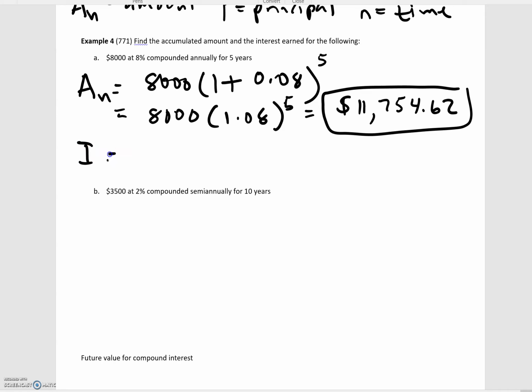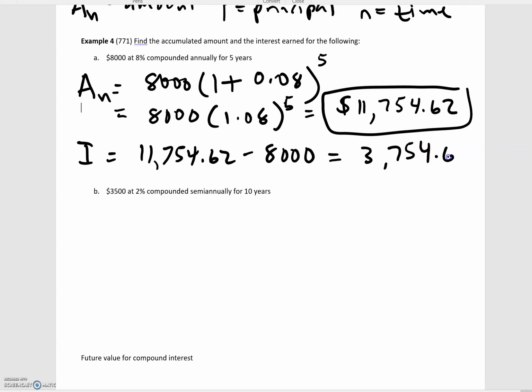So interest is going to be total amount minus the principal. So we're going to get $3,754.62 is our total interest by the end.